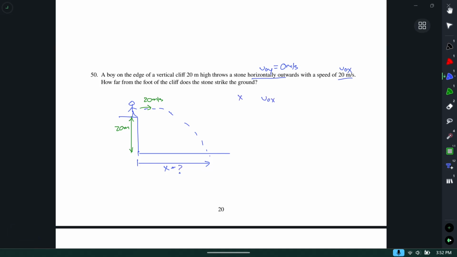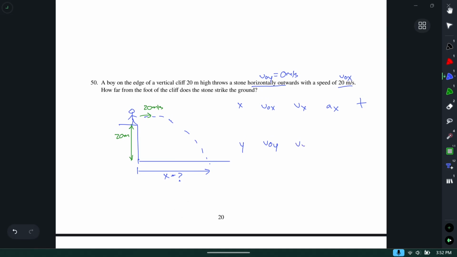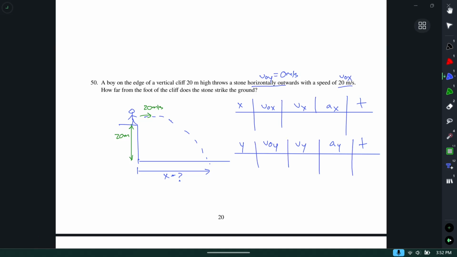So I'll make my 2 tables. I want to know this.